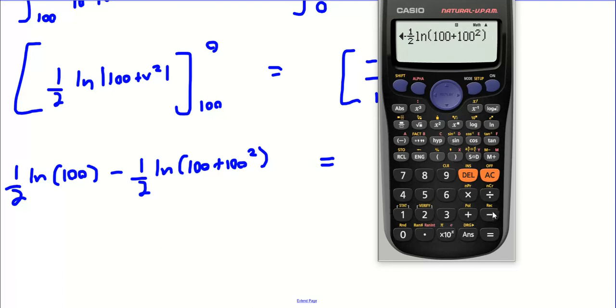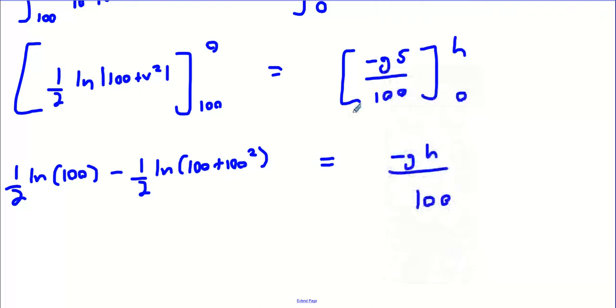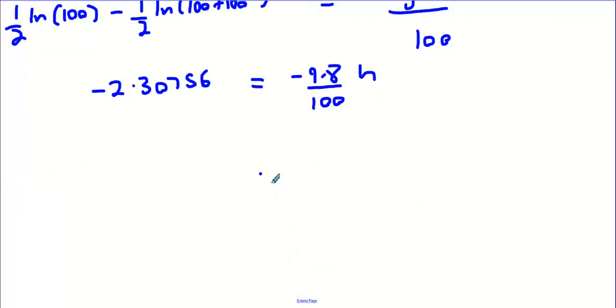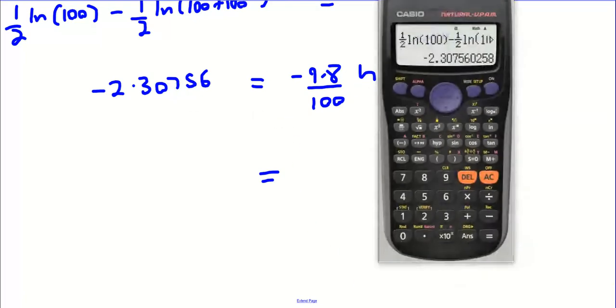This should be a negative answer, we're hoping. There we go, minus 2.30756. Now g is minus 9.8 over 100 equals h. So get that answer, multiply it by 100 and divide by 9.8.